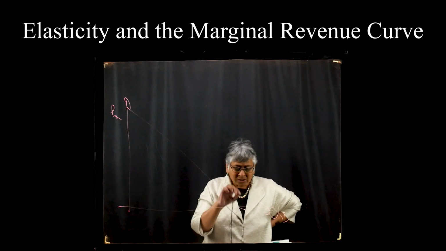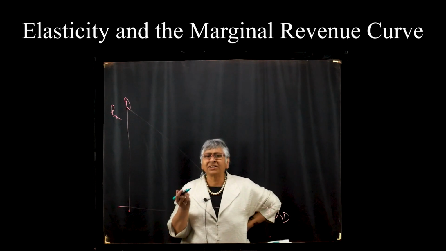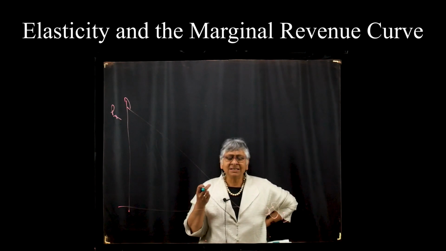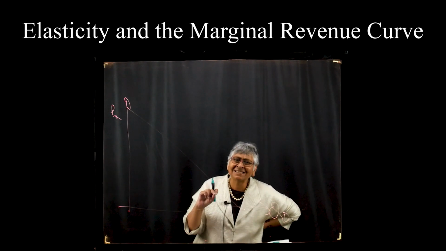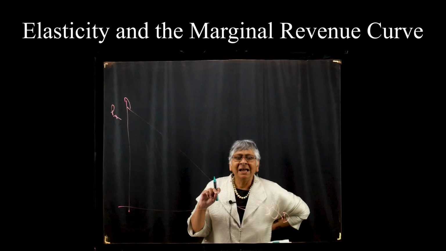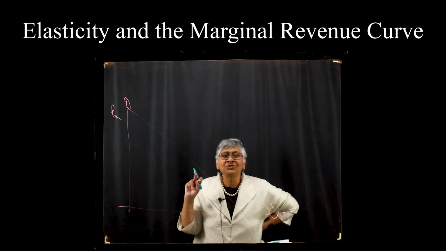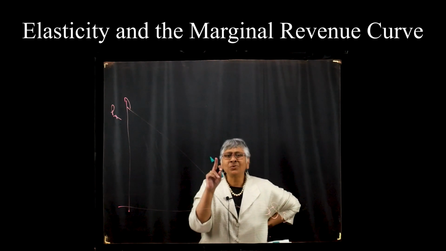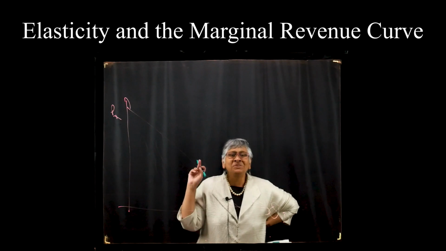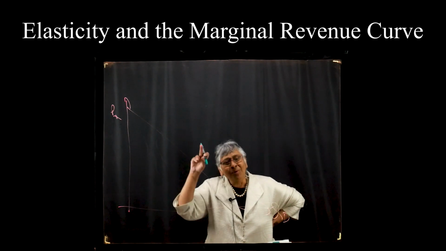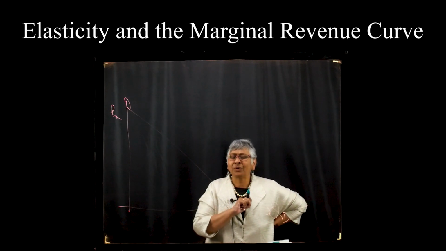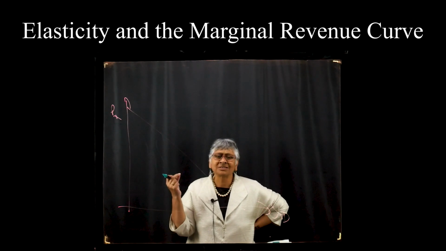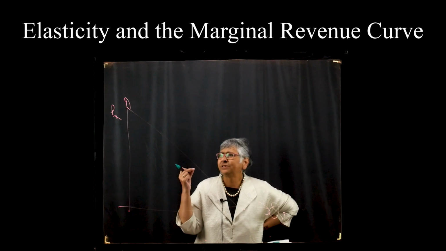So we know that profit maximization is where you get maximum profit. The difference for a monopolist is you are not a price taker, which means your marginal revenue is no longer the same thing as price. So what is the marginal revenue for you?